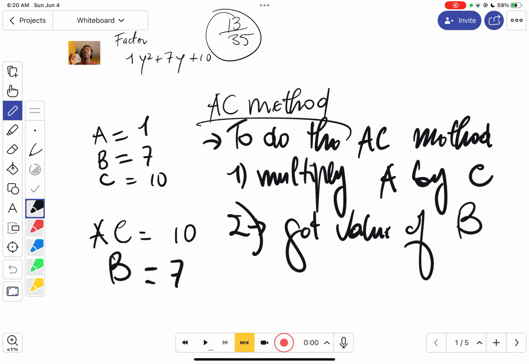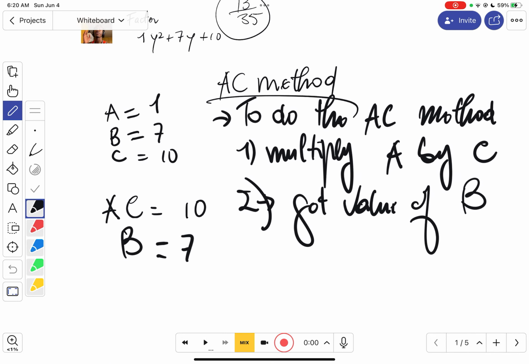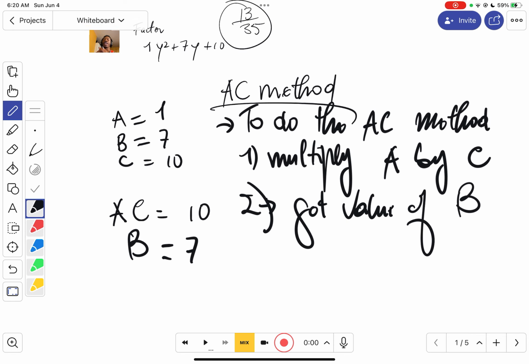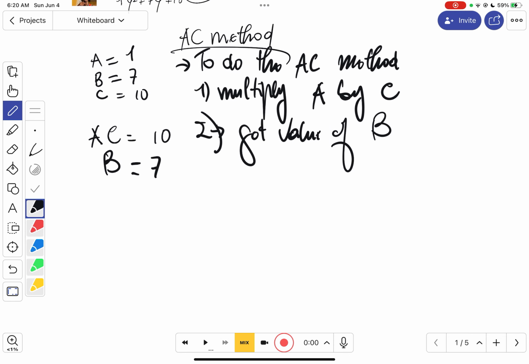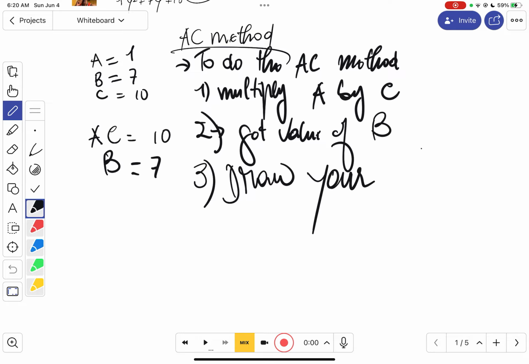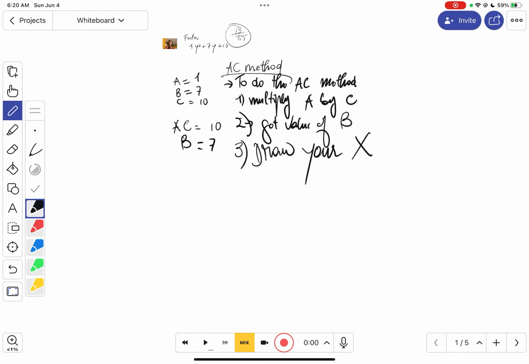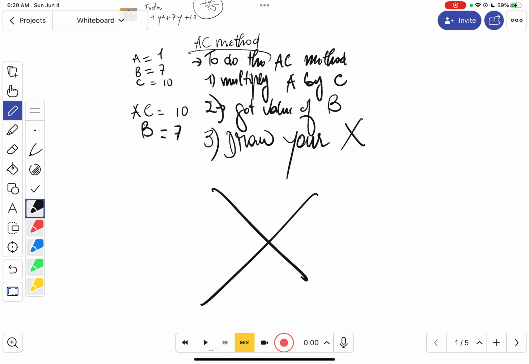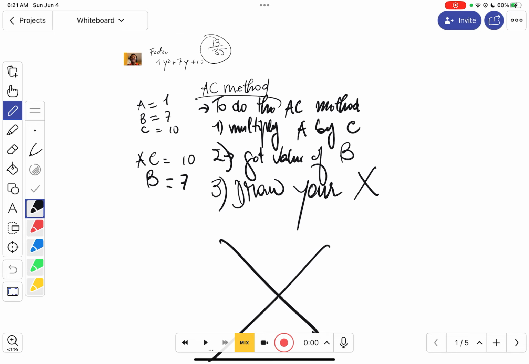In our case, A times C is equal to 10, which is 1 times 10, and B is equal to 7. So the last step is to draw your x. The x will help you find the numbers that you're going to use in order to factor the problem.